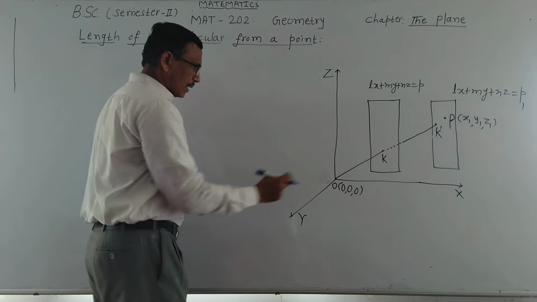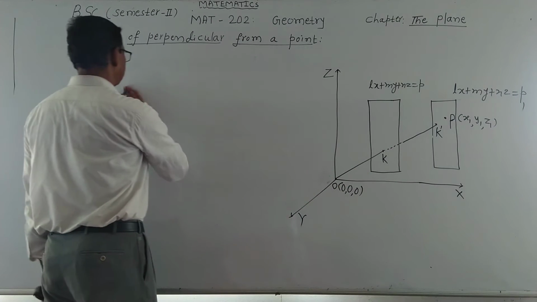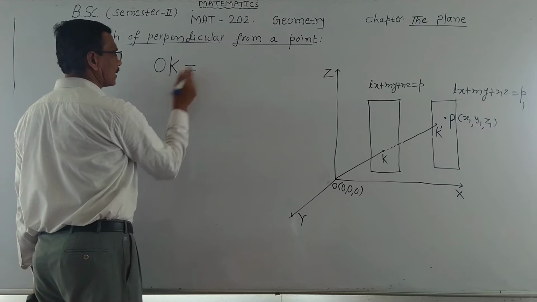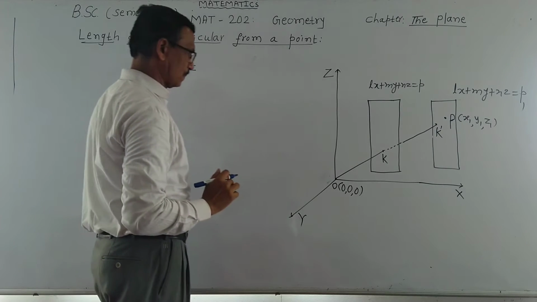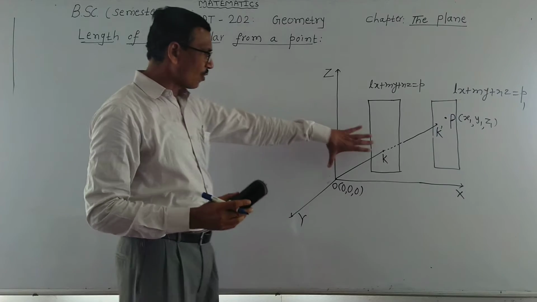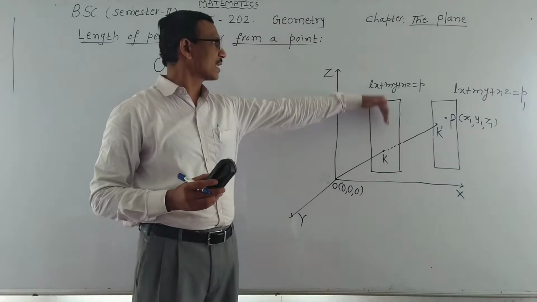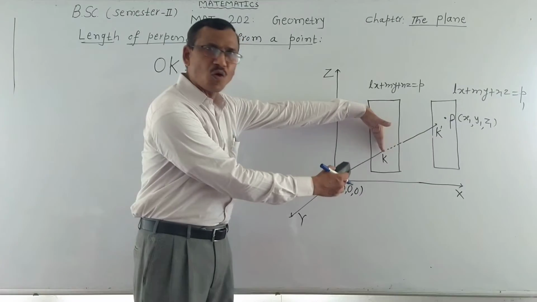Now OK is the perpendicular distance of the plane Lx plus My plus Nz from the origin.